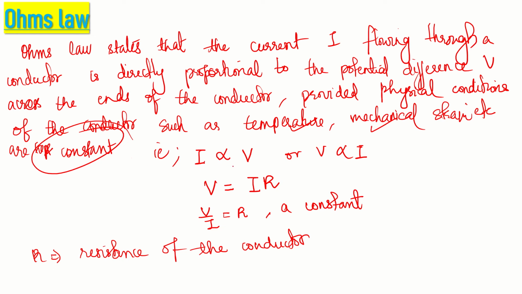That is, I is directly proportional to V, or V is directly proportional to I. So we can write V equals IR. So now we got V by I equals R, where R is the resistance of the conductor and it is a constant. Now let us see how we can deduce an expression for Ohm's law, deduction of Ohm's law.